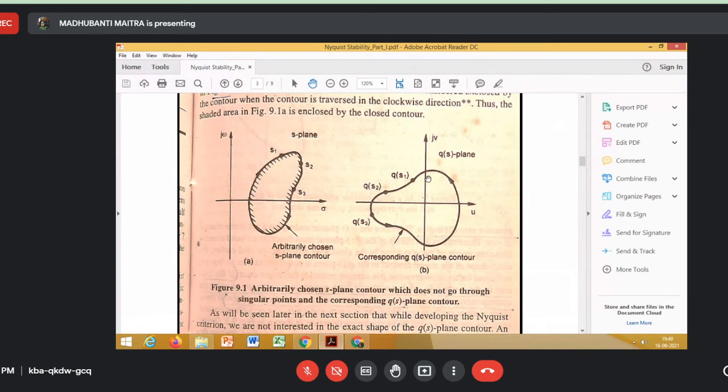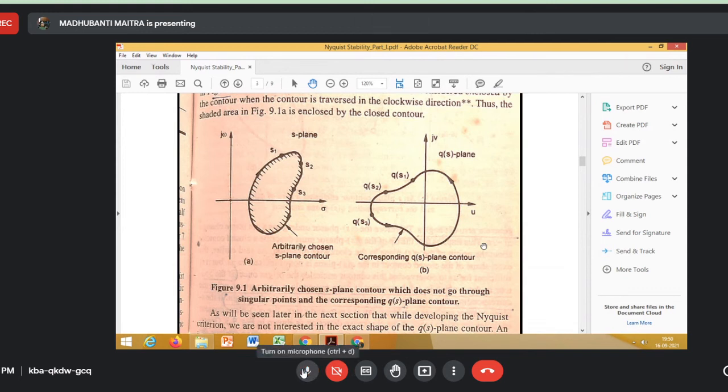So we are interested about the fact that whether this QS plane contour encircles the origin of the QS plane or not. Got it?